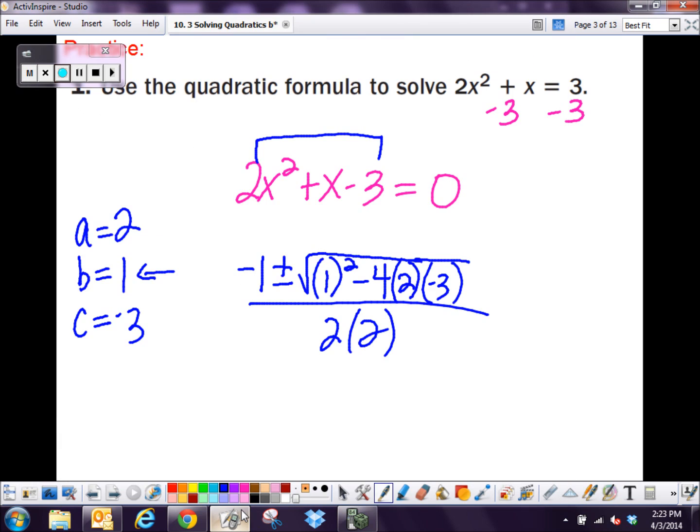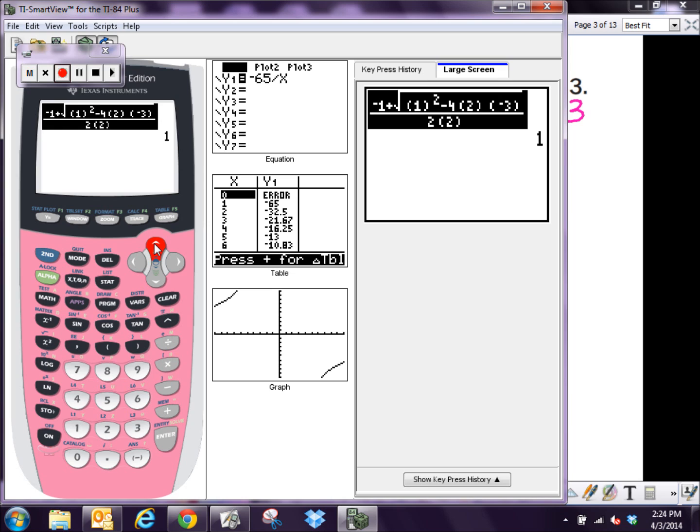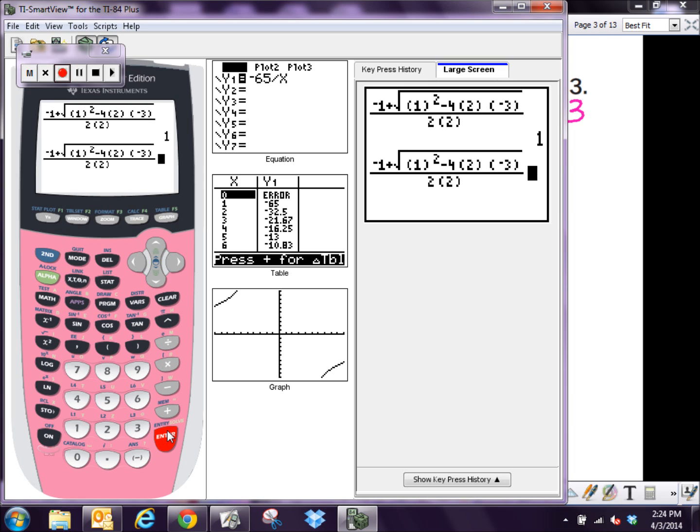Okay, so my first answer is x equals 1, but I need to get the other answer. So I'm going to use my arrows and highlight what I typed in before. Press enter, and then I'm going to use my arrows to go in and find the plus sign, and I'm going to change it to a minus.